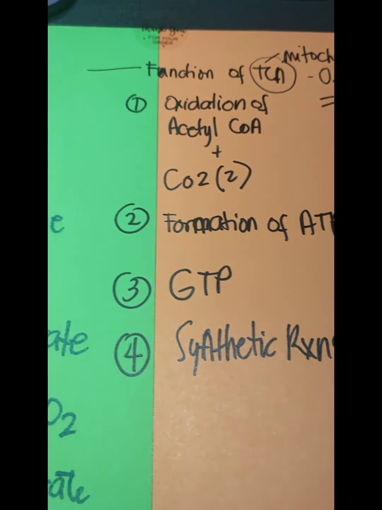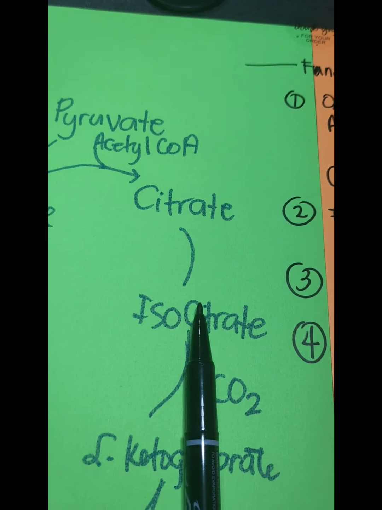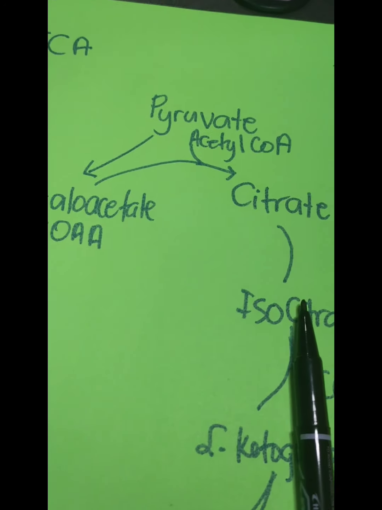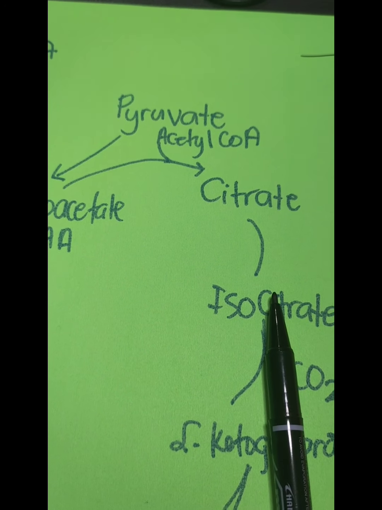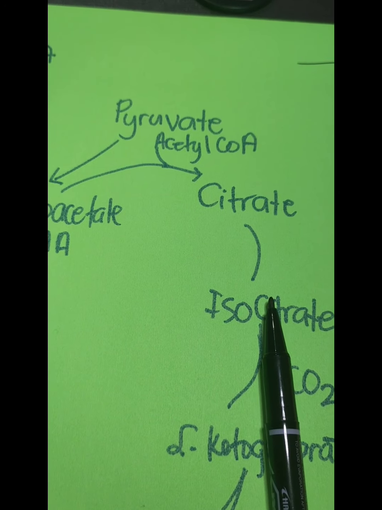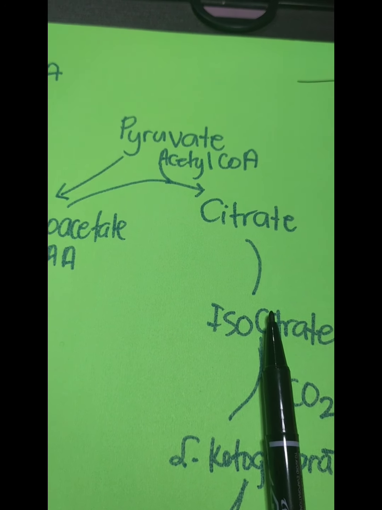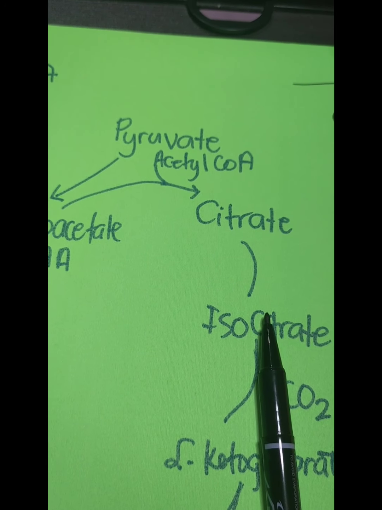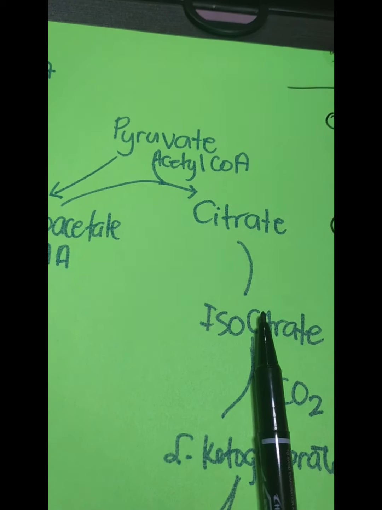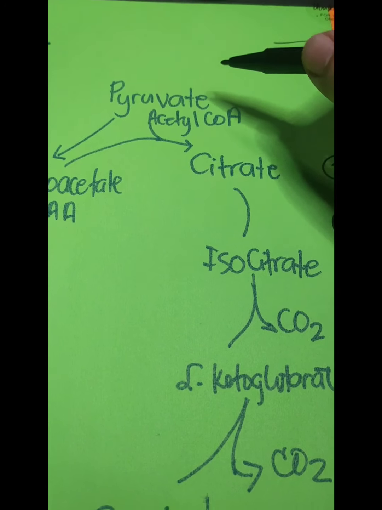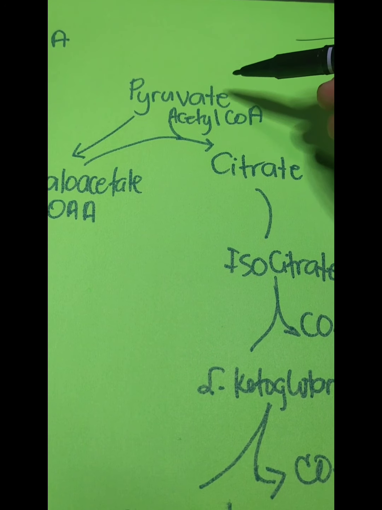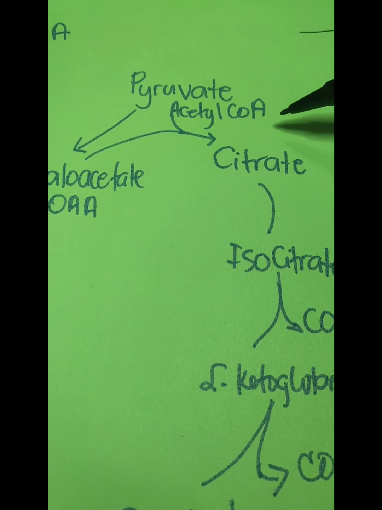So, the question is, where does your acetyl-CoA come from? Makikita nyo dyan, mayroong pumasok biglang acetyl-CoA. So take note that the main source of your acetyl-CoA is the oxidative decarboxylation of pyruvate. What enzyme would help in the conversion of your pyruvate to your acetyl-CoA?